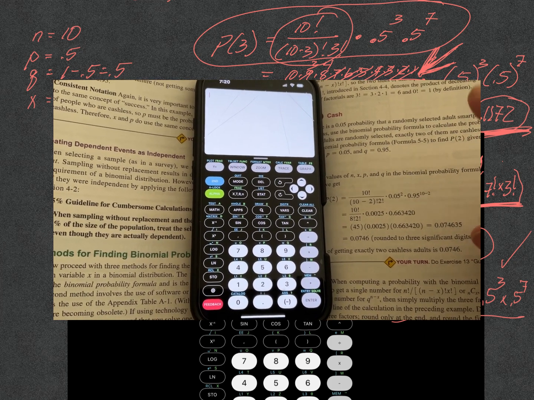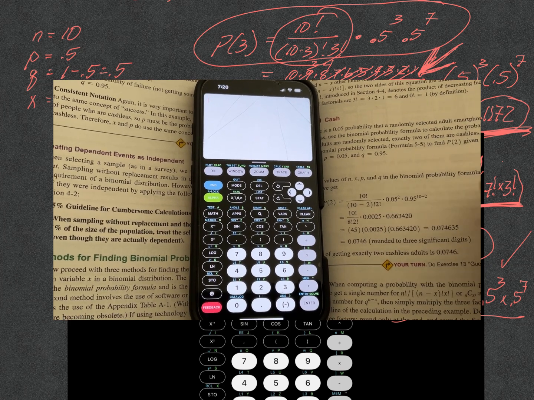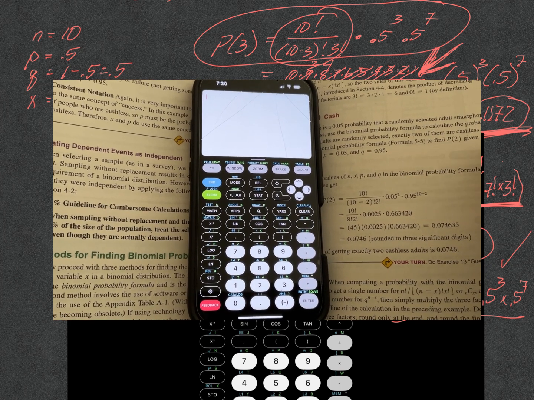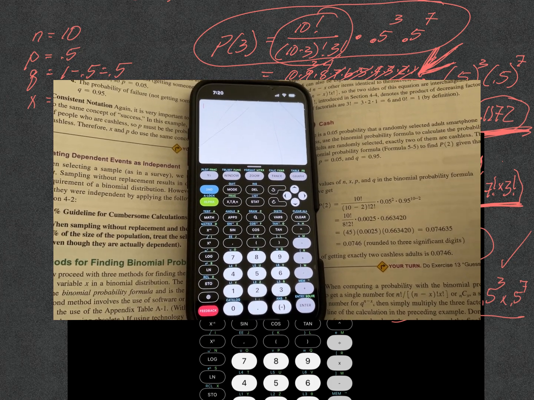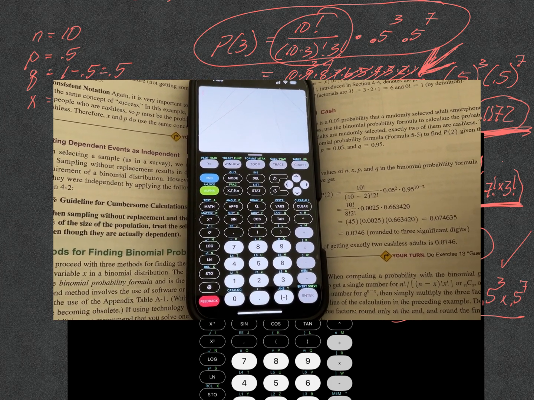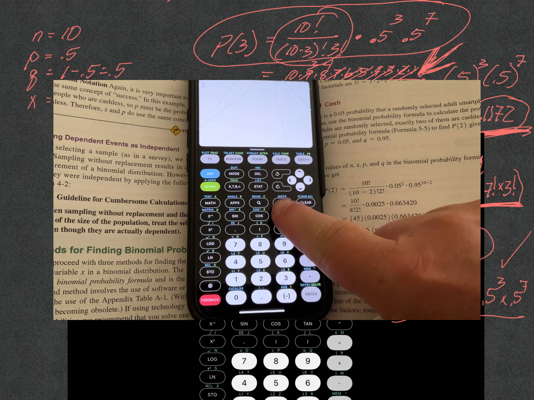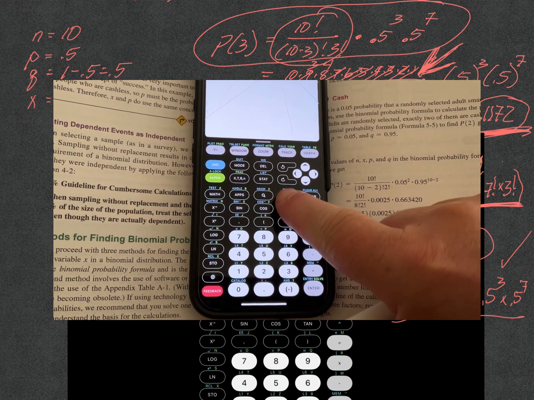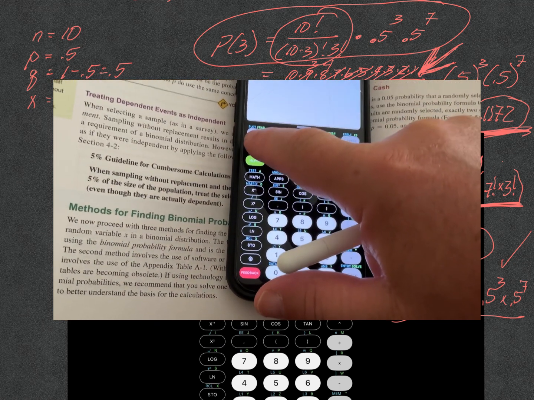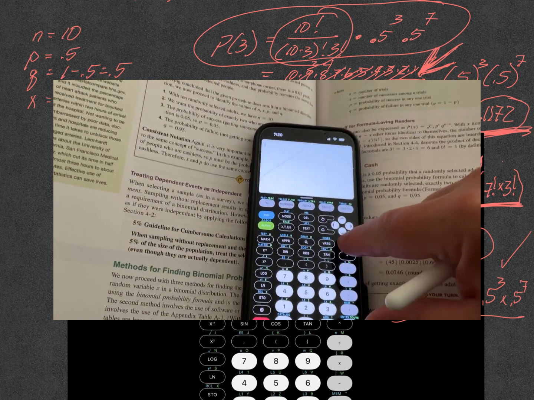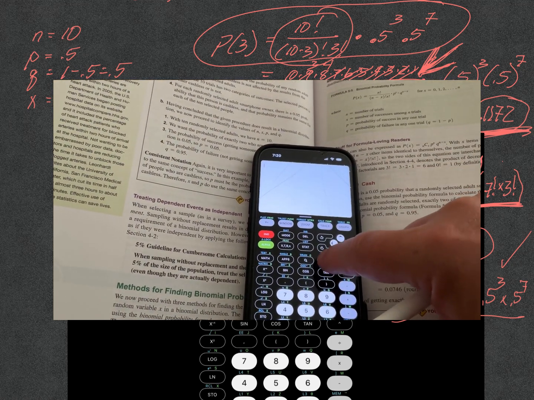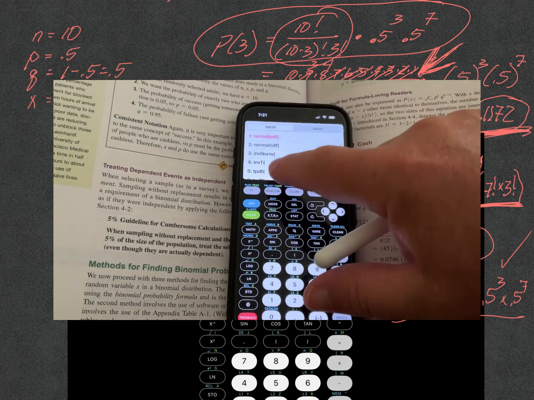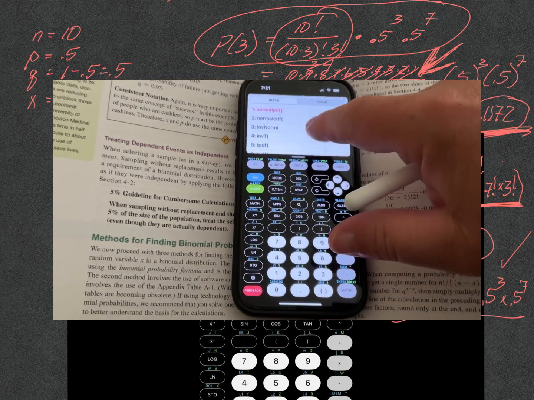Hopefully this will help. I want to show you how to find these probabilities using your calculator, but not the formula. The formula is actually built into the calculator under a menu called distribution. To access it, hit second vars, and that gives you the distribution menu.